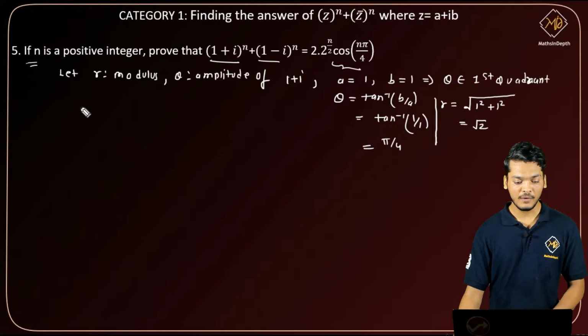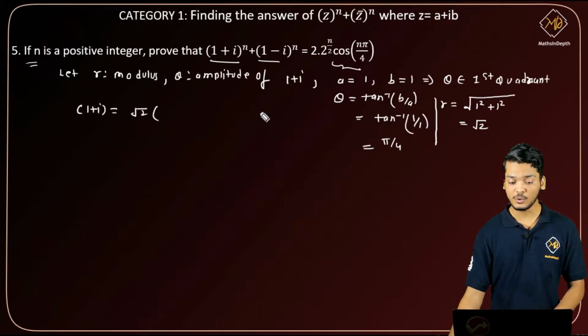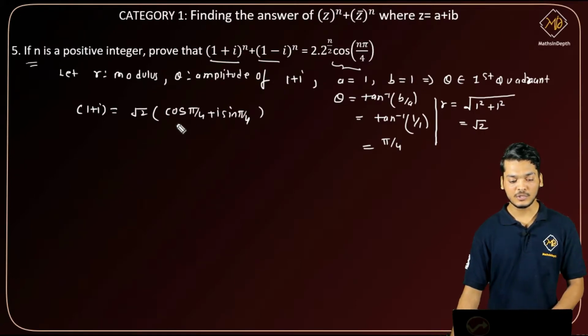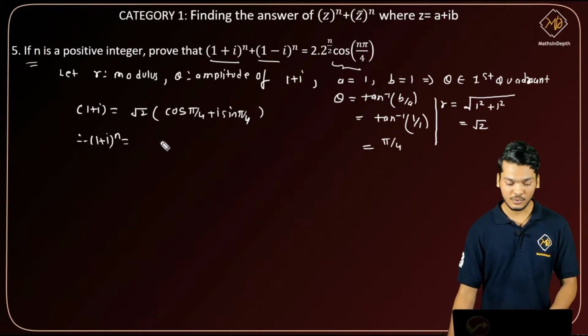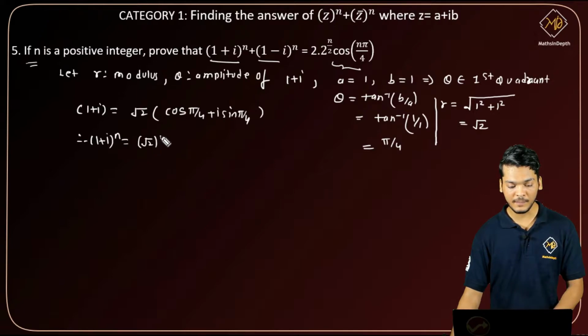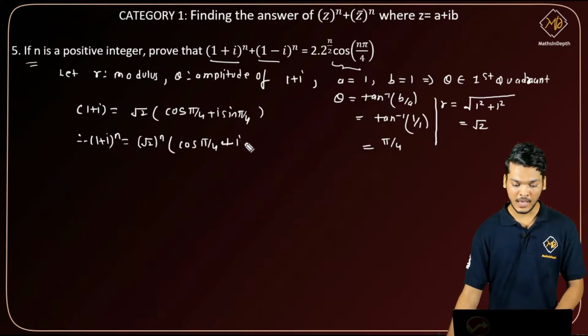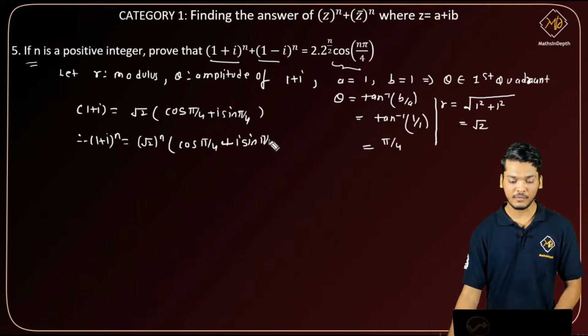Now I can write 1 plus i equals r, that is root 2, into cos pi by 4 plus i sin pi by 4. So 1 plus i raised to n will be root 2 raised to n into cos pi by 4 plus i sin pi by 4 raised to n.